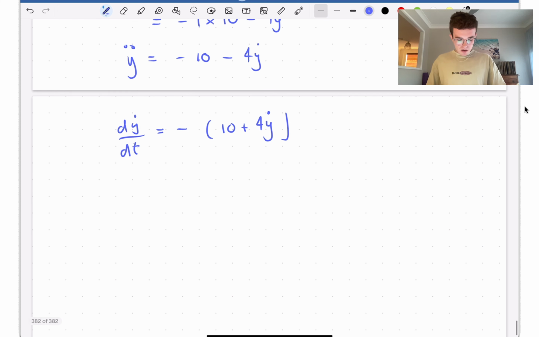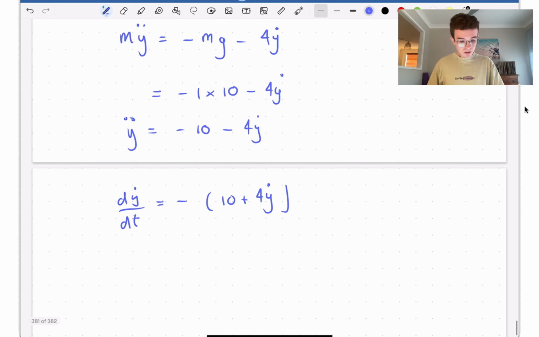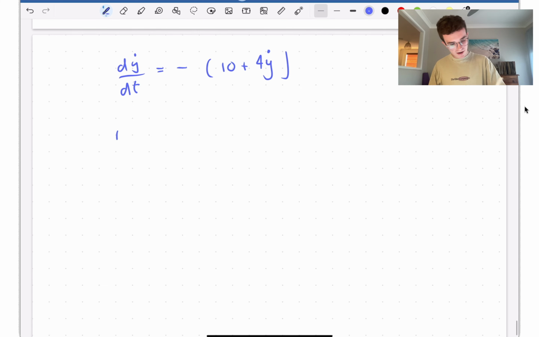Okay, let's have a go at solving this. Now this is not as straightforward to solve. Again, we're just going to treat y dot in this instance as a variable, like we did in the previous solving for x. So we're going to say 1 over 10 plus 4y dot is equal to minus dt.